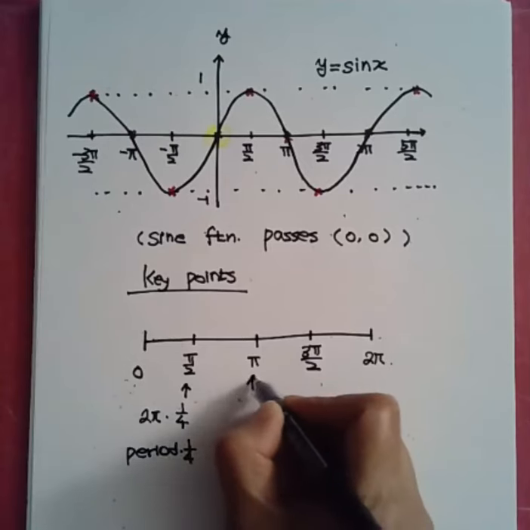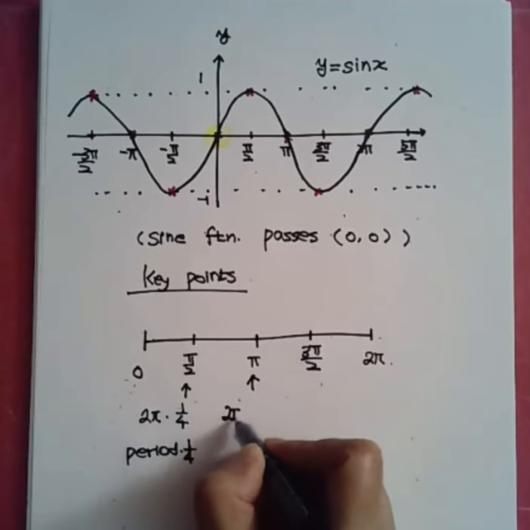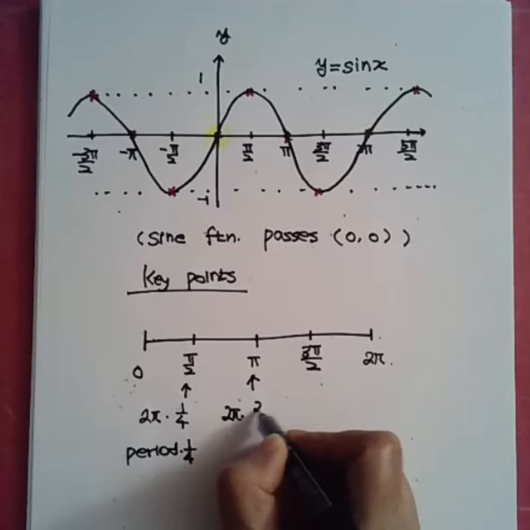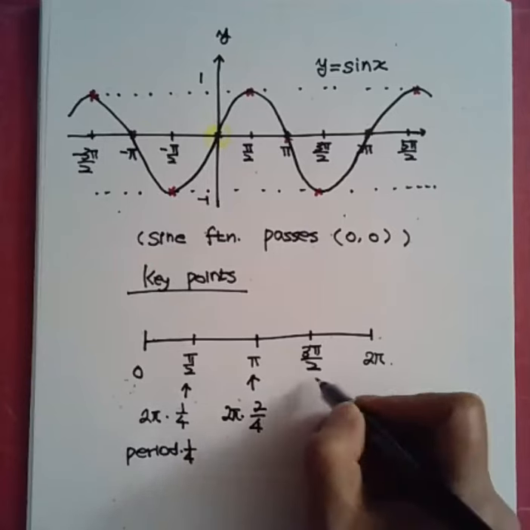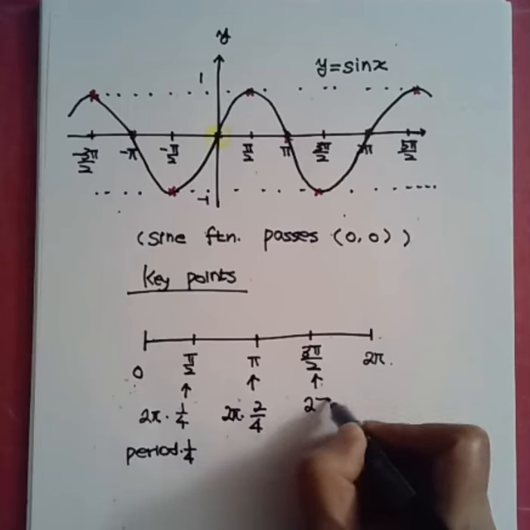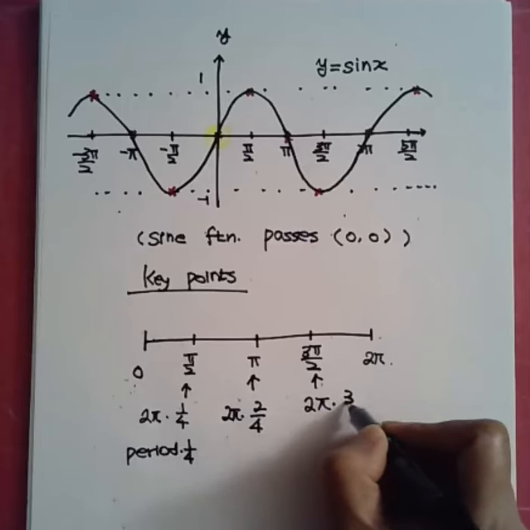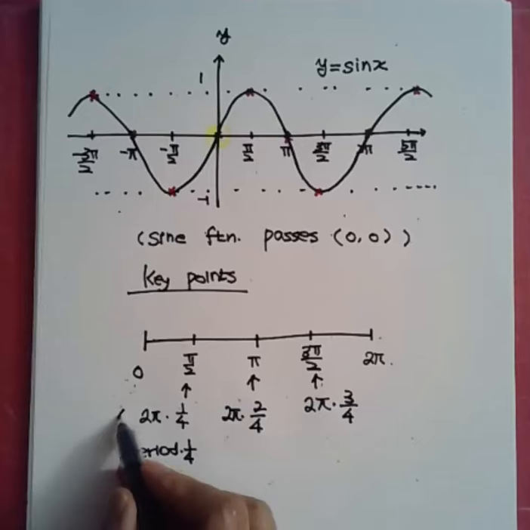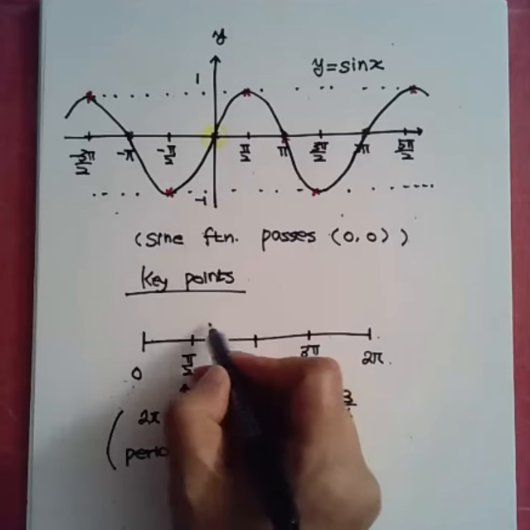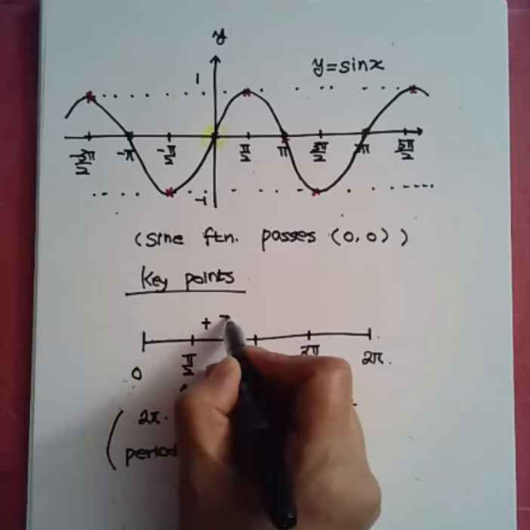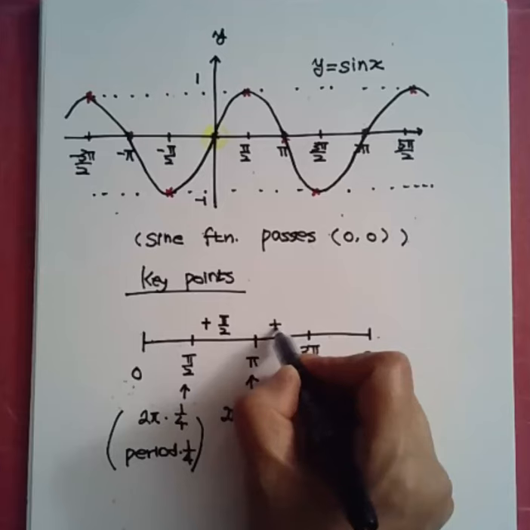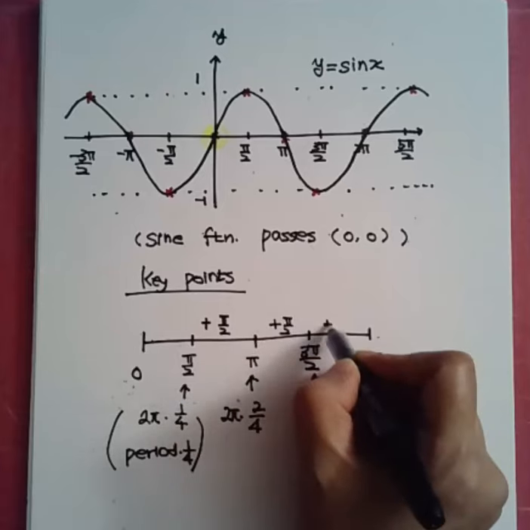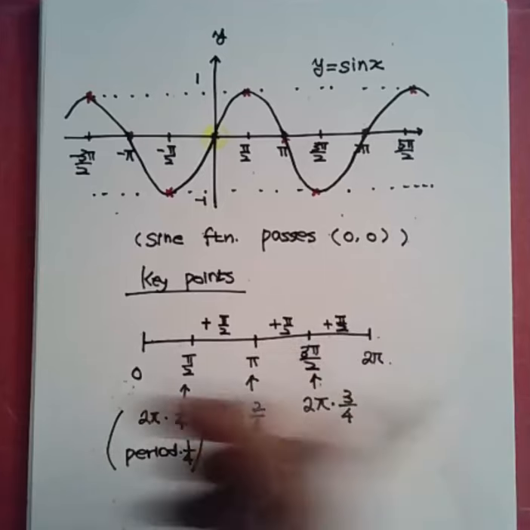And then the second benchmark will be period times 2 over 4, and then the third benchmark will be period times 3 over 4, and the last one is period times 4 over 4, which is just the period. Or you can just calculate the first one, and then add the same number, pi over 2, to get the next benchmark. You can go either way.